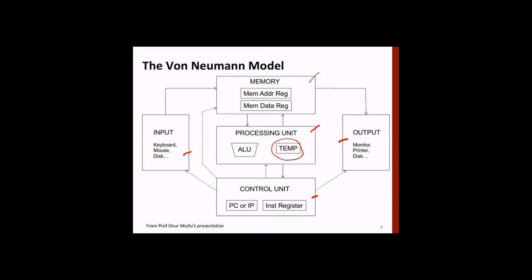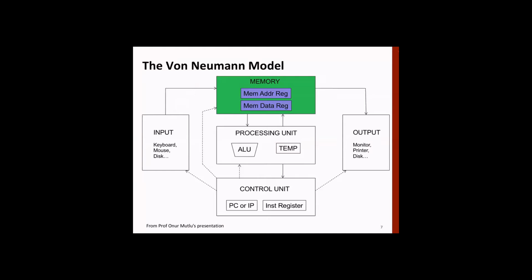The data is moving, for example, from input to memory, or it could also move from input to CPU registers, but the model doesn't say so. Data also moves from memory to output, and the dashed lines show the control lines. So this control unit is controlling these things. Okay, let's move to the next diagram.